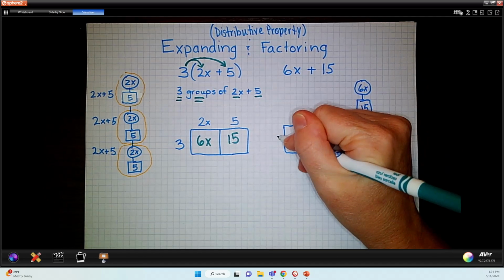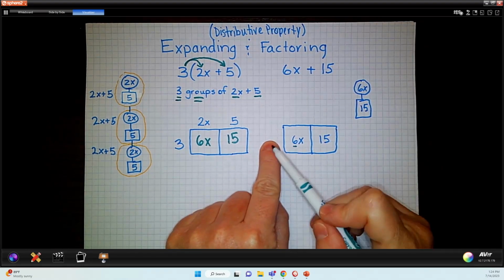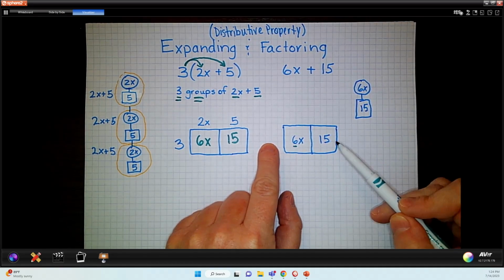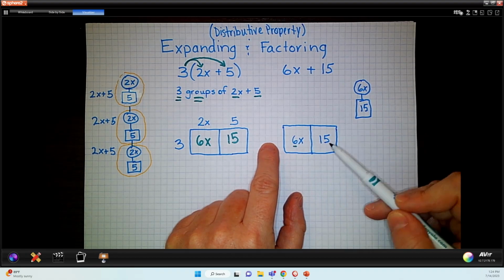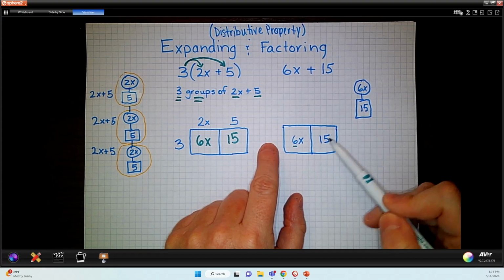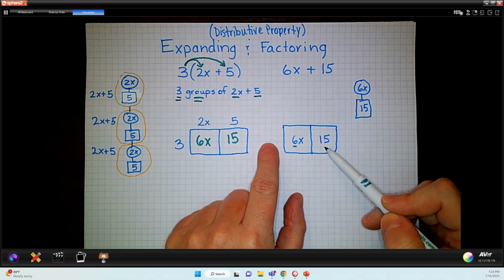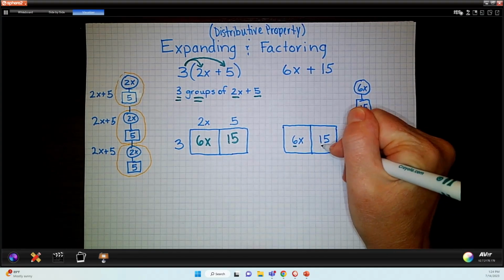So we know we can do 3 times 2. Now, we don't want to put the 2 here because 2 is not something we can multiply to get to 15. 2 times nothing, well, it's 7.5, but we're looking at whole numbers. So 2 is not a factor of 15, but 3 is a factor of 15. 3 will work for both 6 and 15.